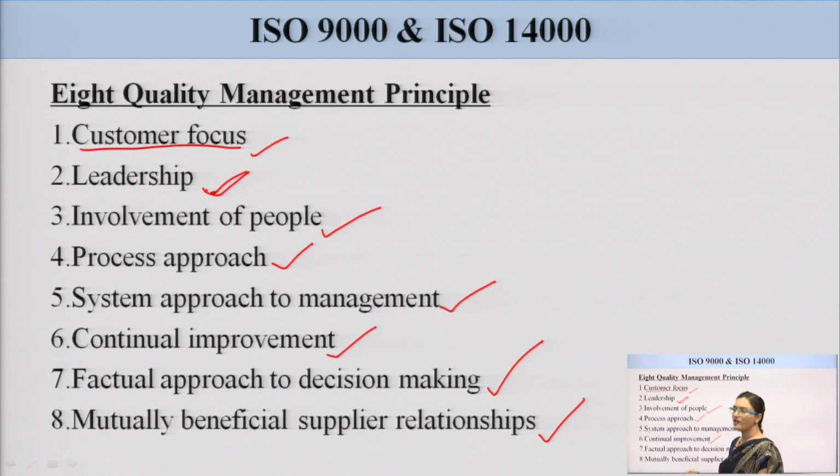Next thing is process approach. In this principle, the processes, the activities and the systems are considered as one process, and in this approach, the organization tries to reduce waste during the process, to enhance productivity and to reduce the cost of manufacturing.